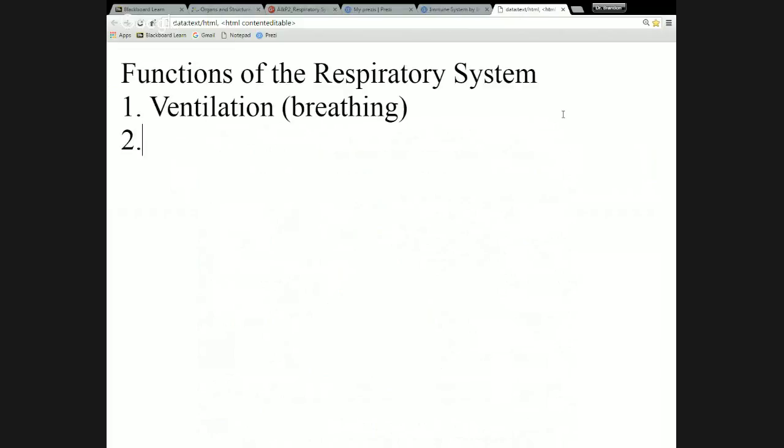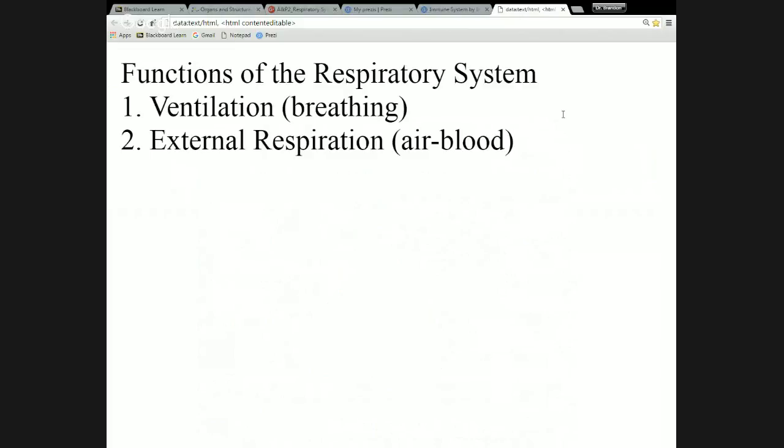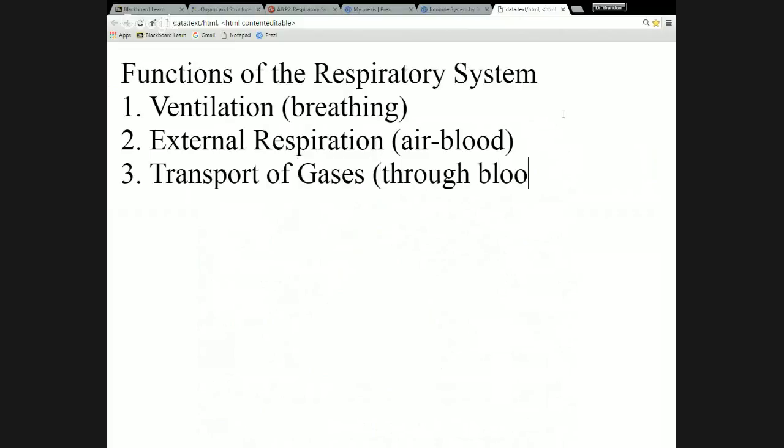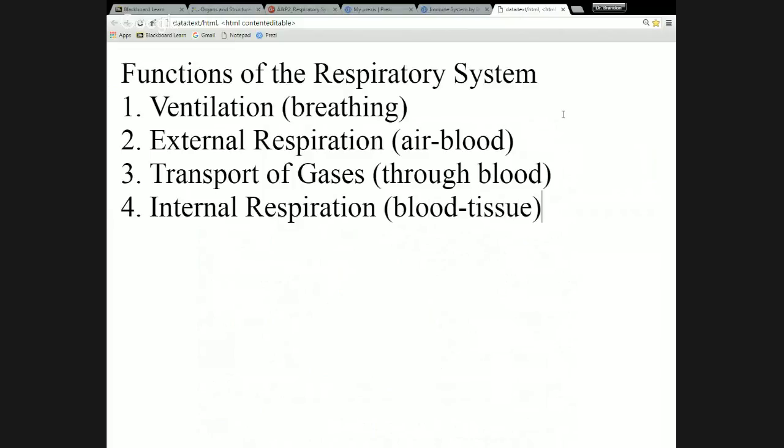And then we have external respiration, which is air to blood gas exchange. And then there's transport of gases, which is through the blood. And then we have internal respiration, which is blood to tissue gas exchange.